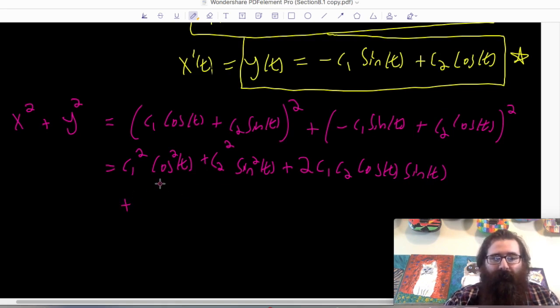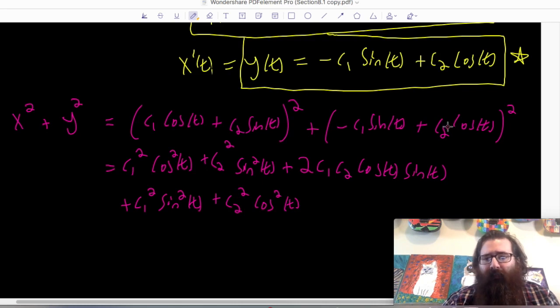Negative c sub 1 sine t times itself gives me a positive c sub 1 squared sine squared t. c sub 2 cosine t times itself gives me c sub 2 squared cosine squared t. And the same idea for the outer and inner terms: the product of the two terms twice over.